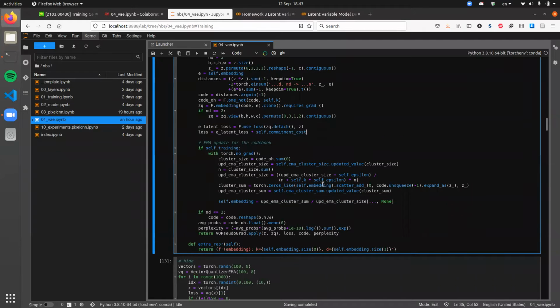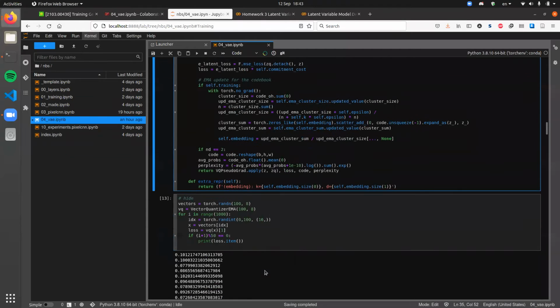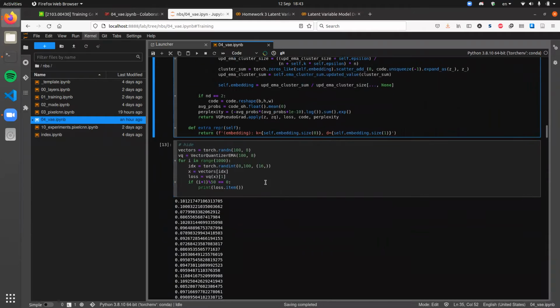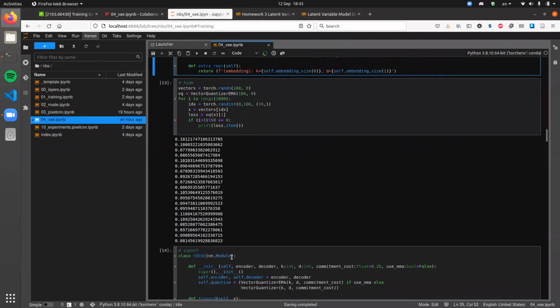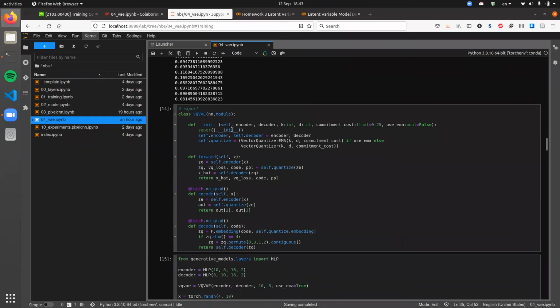And I think that's more of an engineering decision here. But in my short experiments, it seems like this really does converge faster compared to the conventional way to do it.